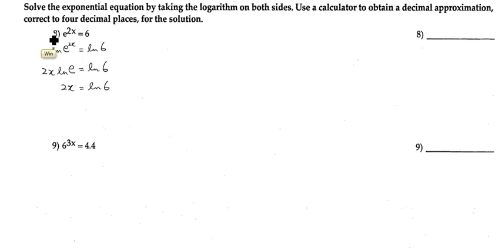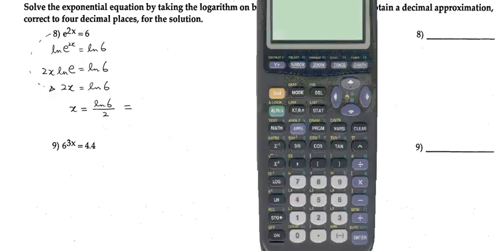Now, if you have a clear mind, you can indeed jump to this step immediately. You convert that into the log form. You got 2x, the exponent, is equal to the natural log of 6 right away. So finally, I want to get the x by itself. So it would be the natural log of 6 over 2. Divide both sides by 2. And the rest, of course, is the calculator job.